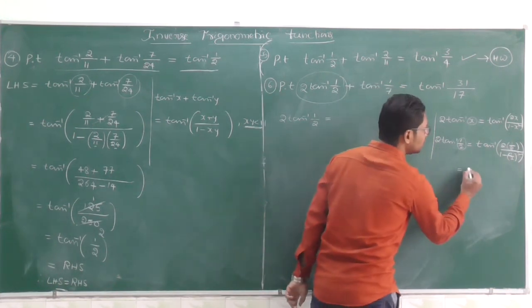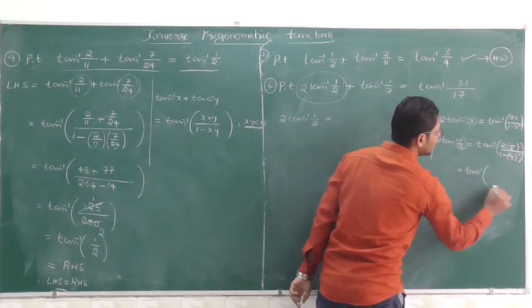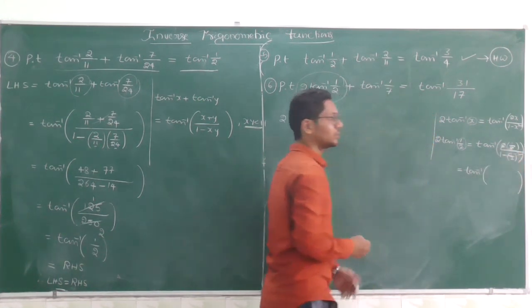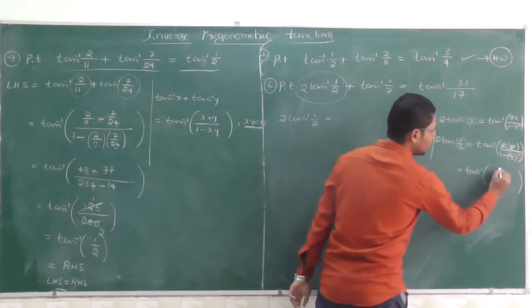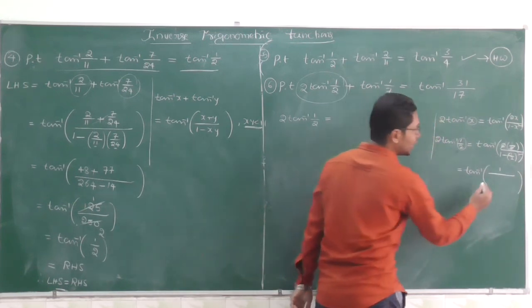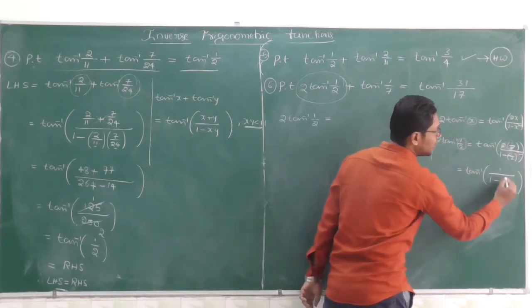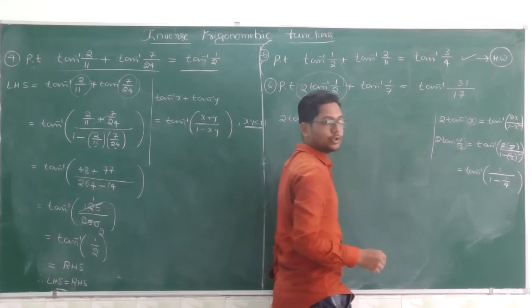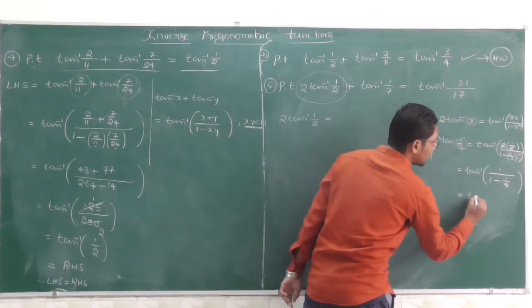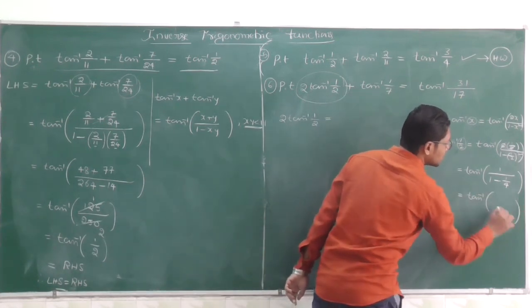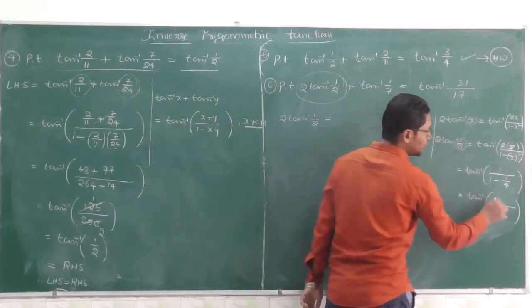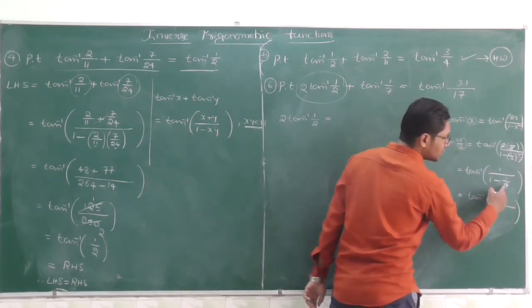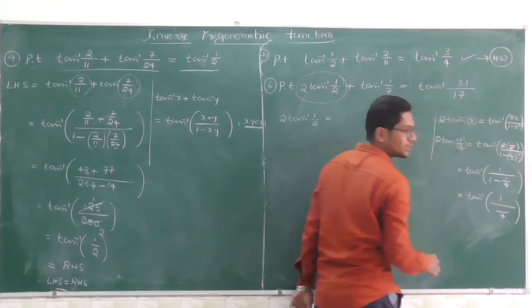That is equals to tan inverse of 2 gets cancelled. In the numerator we have 1 only, divided by 1 minus 1 by 2 whole square, which is 1 by 4.